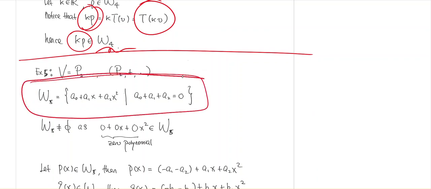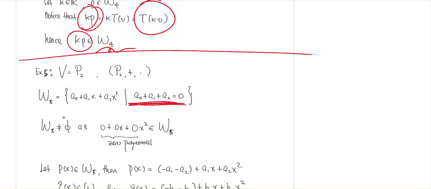All the elements look like this, but the coefficients A0, A1 and A2 are not just any coefficients. It only collects those polynomials where the coefficients satisfy these descriptions. So in this set builder notation, most of the information is coming from here, not here, because we already know how it looks in general.